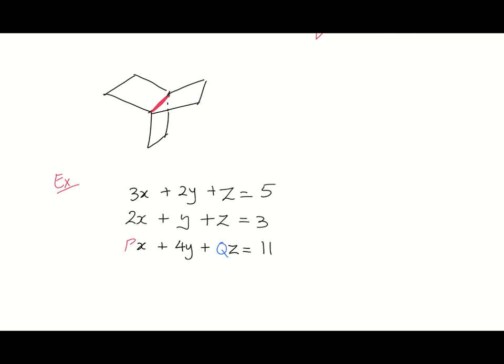Just remember I made this question up on the spot, so have a look at the values. You've got 3x plus 2y plus z equals 5, and then 2x plus y plus z equals 3. px plus 4y plus qz equals 11. Now my question is, what values should you put for p and q so you have an infinite number of solutions?